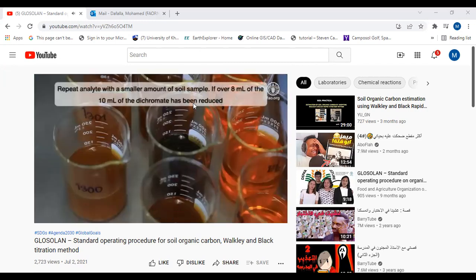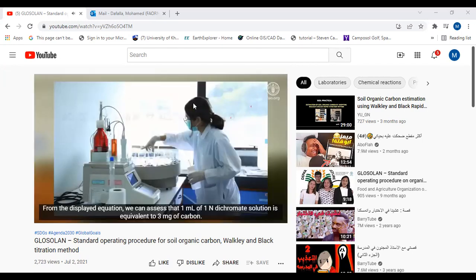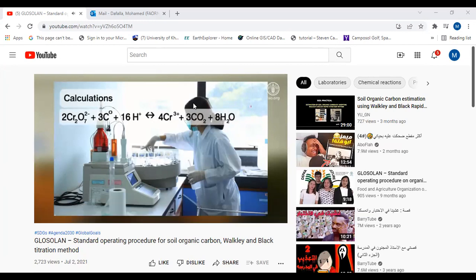During the titration, if over 8 milliliters of the 10 milliliters of dichromate has been reduced, the determination must be repeated with a smaller amount of soil sample. From the displayed equation, we can see that 1 milliliter of 1 normal dichromate solution is equivalent to 3 milligrams of carbon.